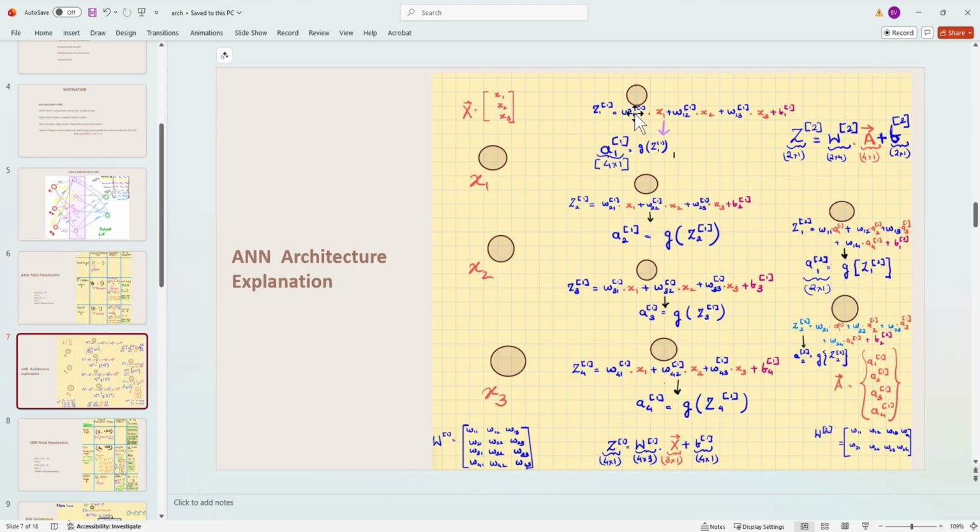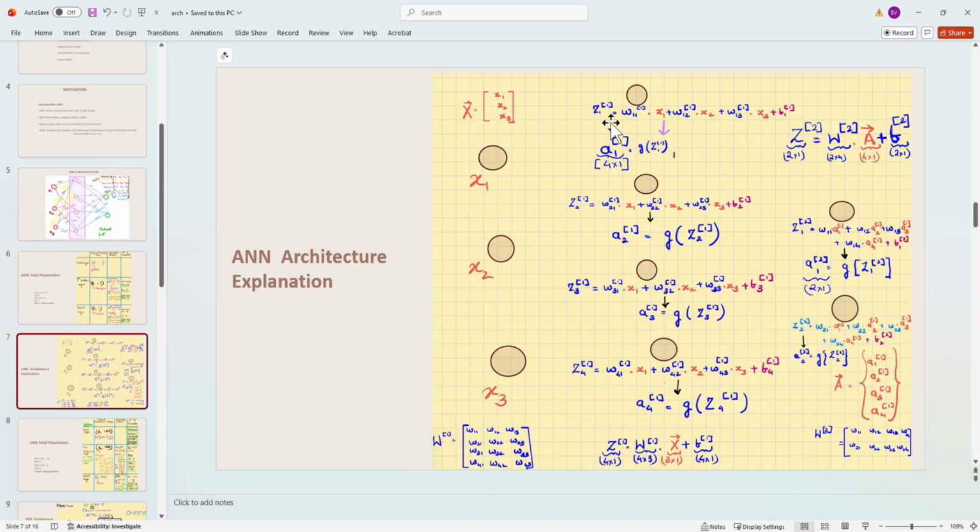Let's consider this example. Z1 of 1 is built from weight W1 of 1. The 1 at the top means we're talking about our hidden layer, and any 2 at the top represents the output layer.